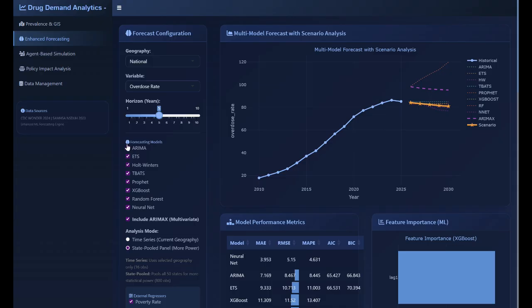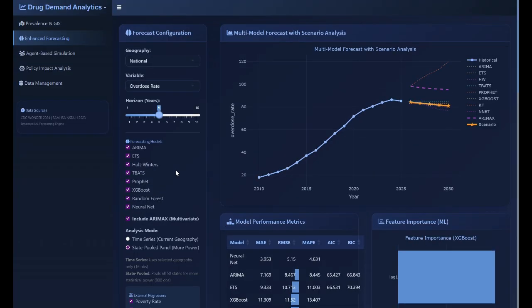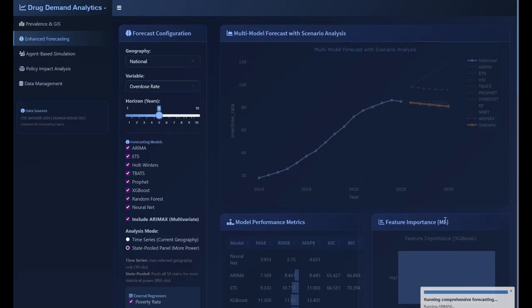And then I've selected the various forecasting models: ARIMA, ETS, Holt-Winters, TBATS, Prophet, XGBoost, neural nets, etc. And then I run the forecast, and I could use a time series or state pooled. I'm going to use the state pooled forecast to get a larger sample size at the state level. And then you can see down here, it's running the forecasting application.